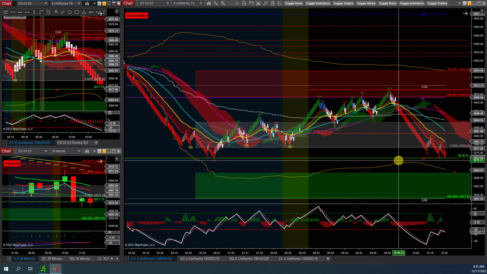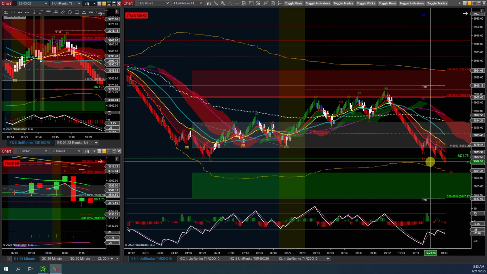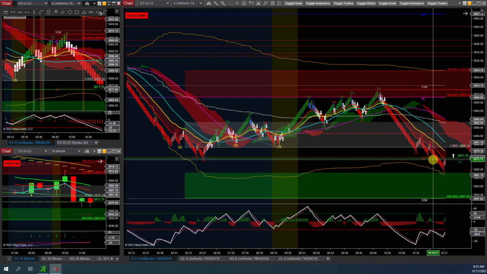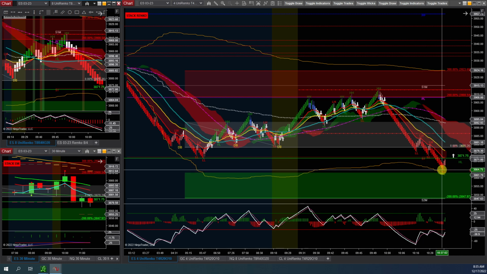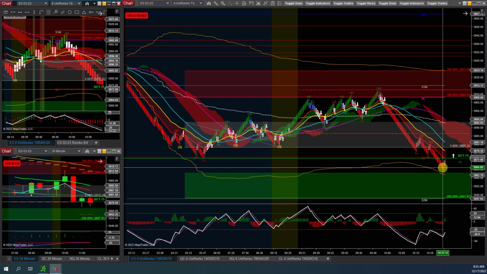So then your entry would be right there, and then you have a break, and now you're in the oversold area. So you have one target met, and then one reversal if you didn't take your second target out when it was kind of trying to resist in this area.